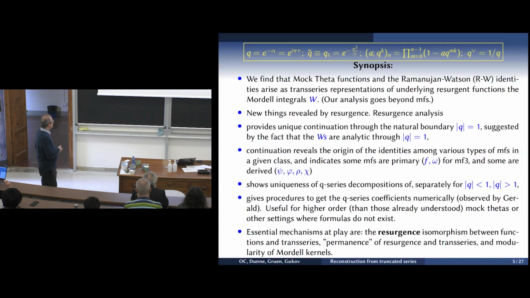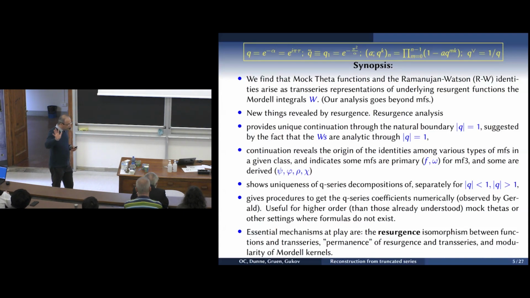And this whole machinery of resurgence gives procedures to get Q-series coefficients numerically. So this was observed by Gerald, and this is what triggered the much more thorough resurgent analysis of the problem. So if you wish, this is the origin of this whole analysis. And getting the coefficients numerically, what do I mean by that?